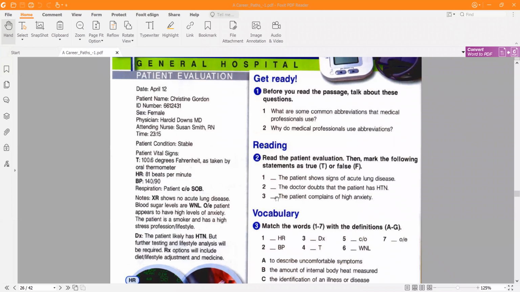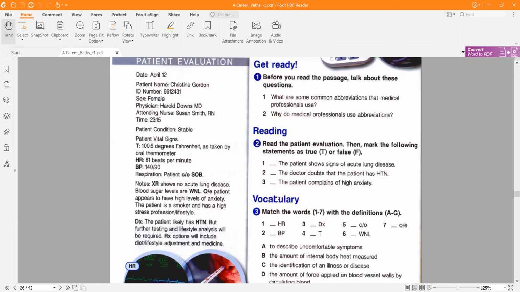Okay. Now, let's do this, the number 1 to number 3. Okay, so number 1, the patient shows signs of acute lung disease.